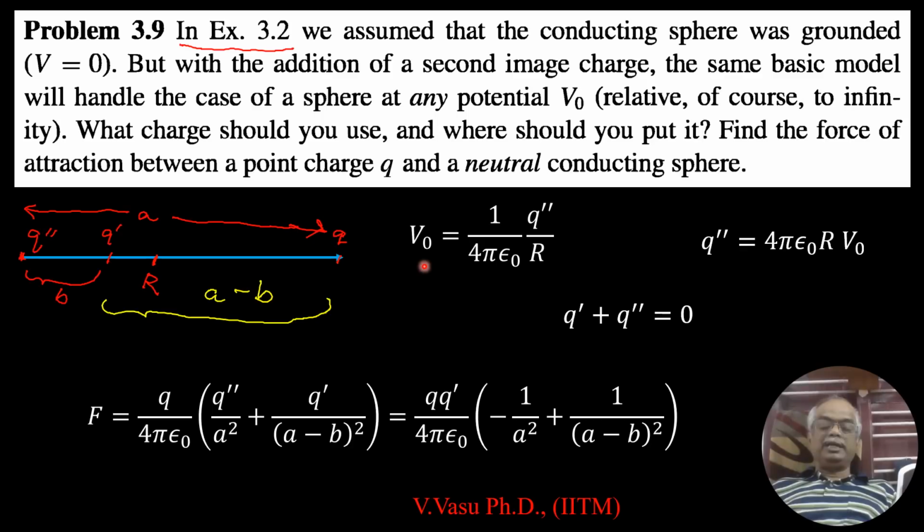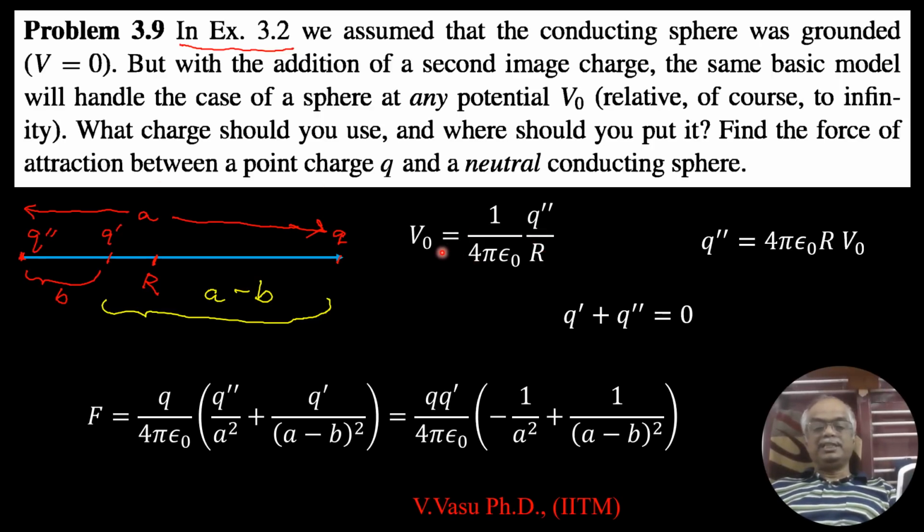So, on the surface of the sphere, the potential V is not equal to 0. V is equal to V naught, which is by definition 1 over 4 pi epsilon naught times q double prime, since we have kept a charge q double prime at the origin, divided by R, the radius of the sphere.